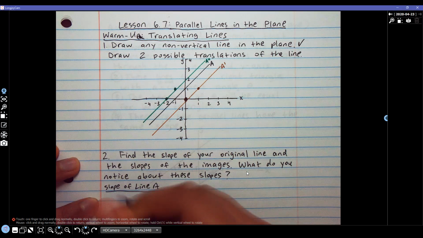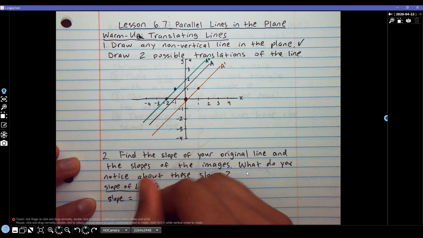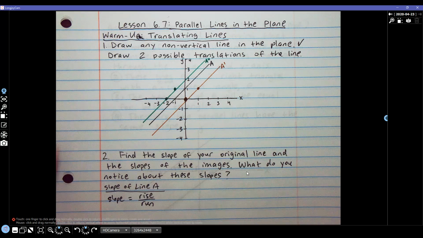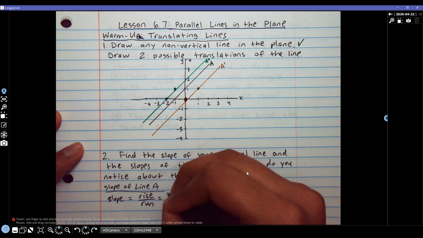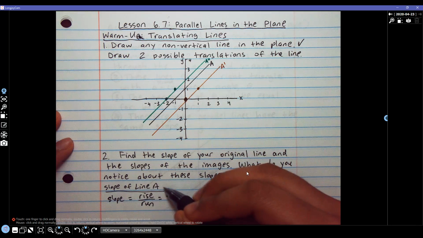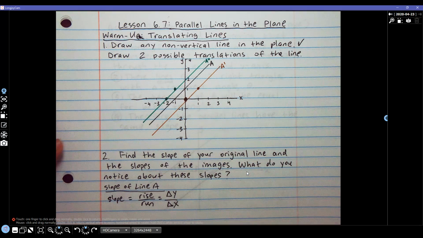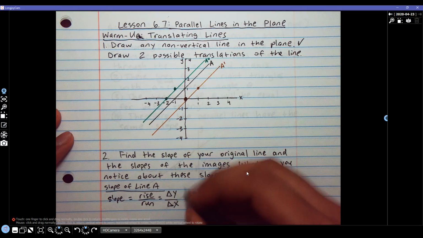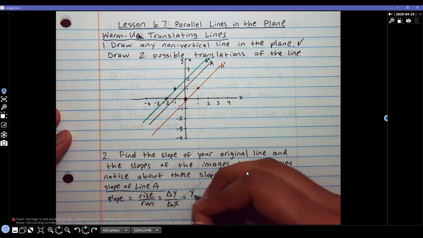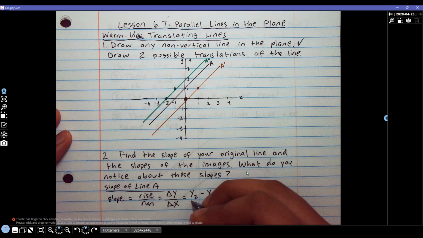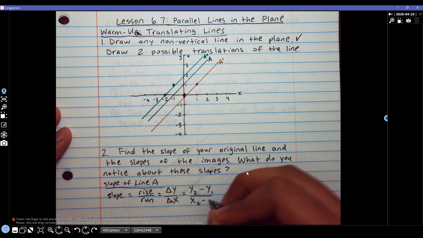So folks, when we think about slope, we think about rise over run. So think of this as the change in y, and we use this symbol called delta, and delta just means change. So change in y over change in x. And the way to find the change in y is to take the difference between two y coordinates, and then to find the change in x, we take the difference between two x coordinates.